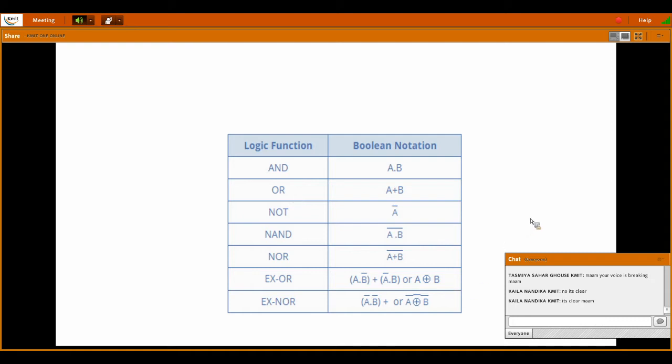Here you can see all the logic functions we are using, the notation for AND, for the NOT gate it is A bar, for the NOR gate it is A plus B whole bar, and for XOR it is A XOR B. This is the symbol of your XOR gate, plus rounded by a circle, and the expression will be A B bar plus A bar B.